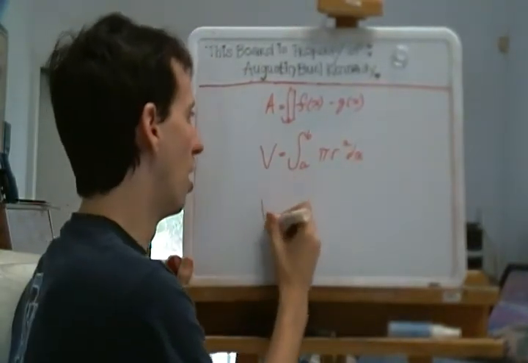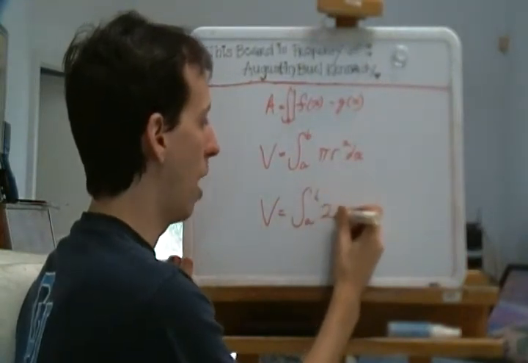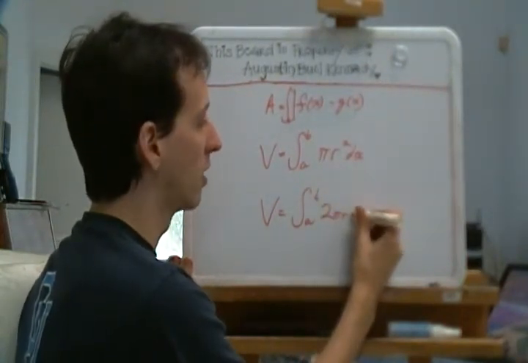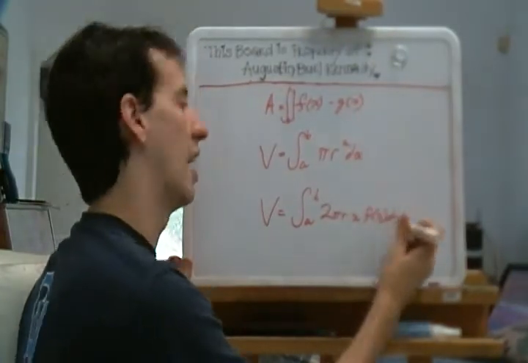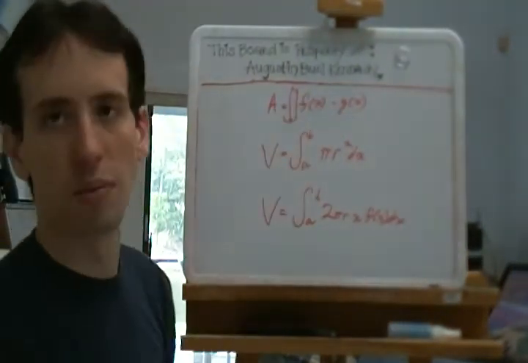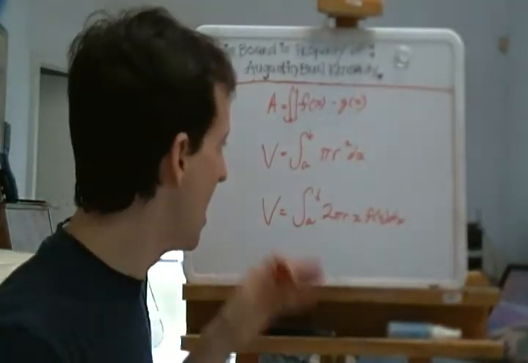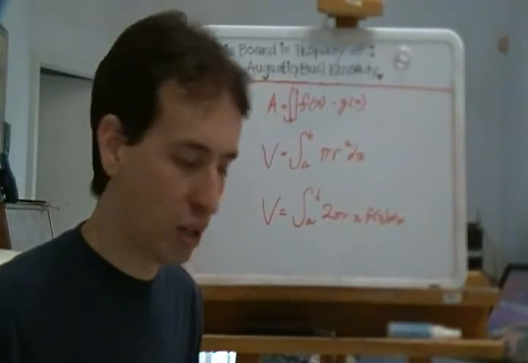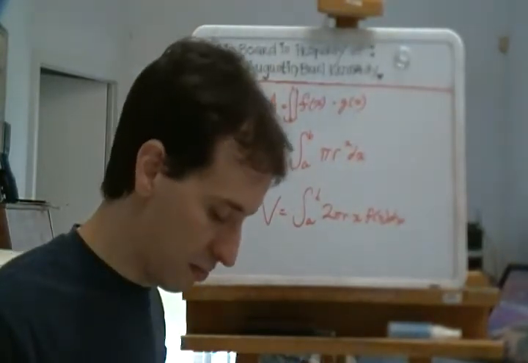And here, V equals the integral from a to b of 2 pi x f of x dx. So those are the formulas. Pick whichever one is easiest, and use that. And if you can't use x for any reason, go ahead and use y. It doesn't matter.